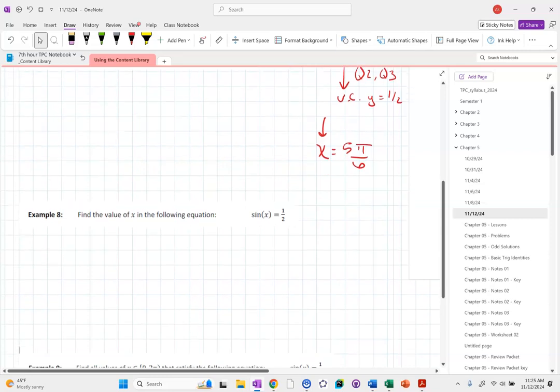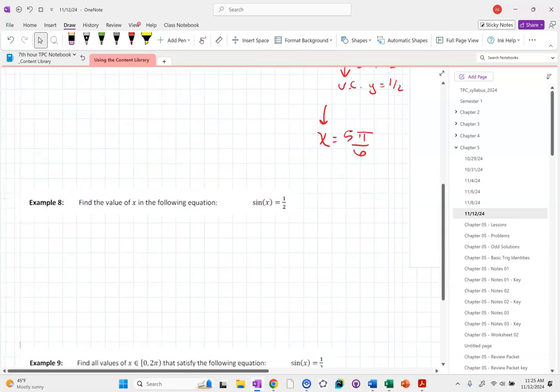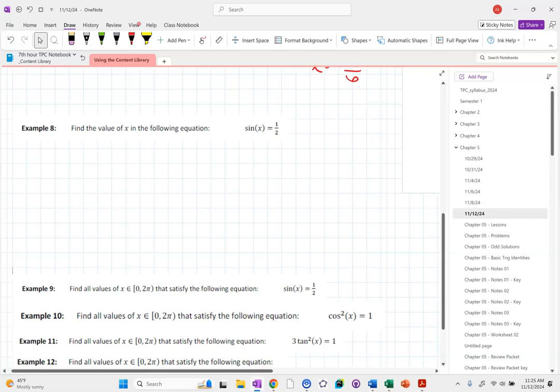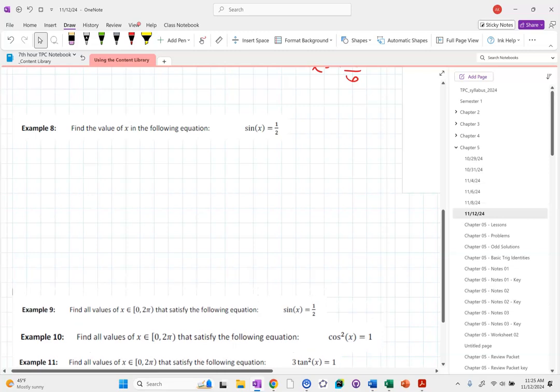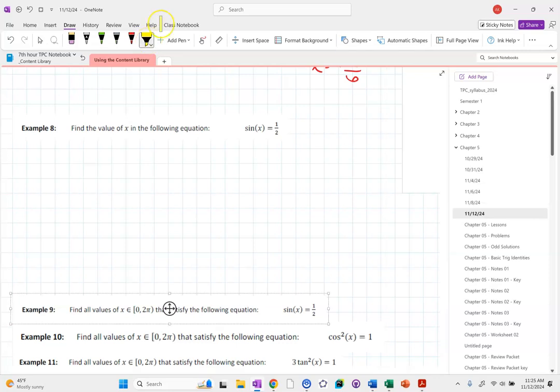What if now we give you the same question, but we've left off the interval? Notice we're not asking for values between specific angles.